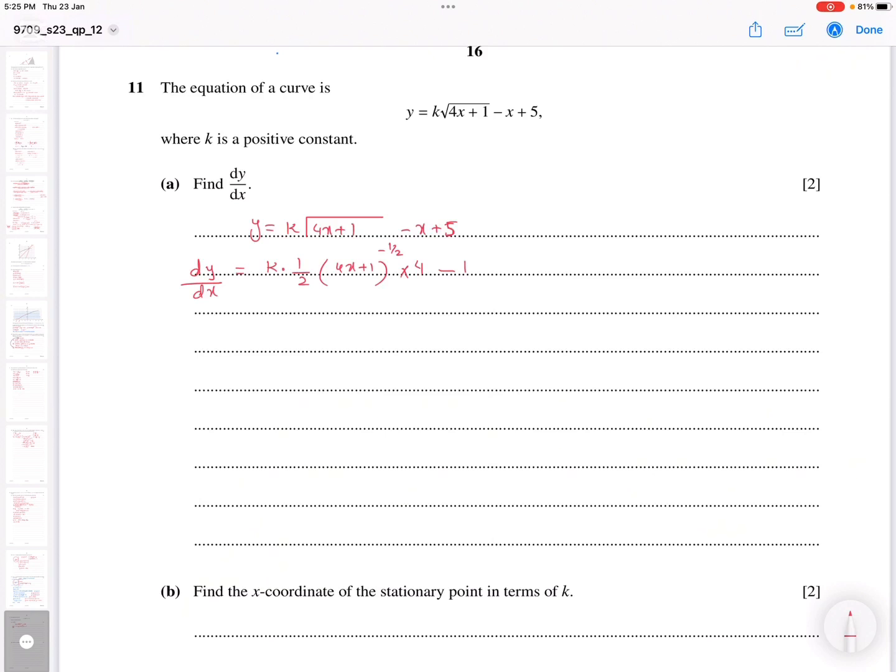So 2 times 2 is 4, and it becomes 2k (4x plus 1) whole power minus 1 over 2, minus 1. So this is the dy by dx, or you can also write 2k over the square root of 4x plus 1, minus 1.